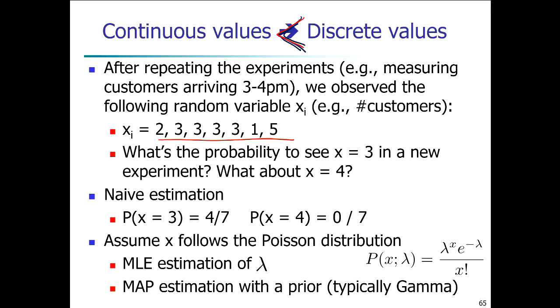We can try to answer the question: what's the probability to see x equal to 3 in a new experiment? Let's say you want to predict tomorrow, which hasn't happened yet. What's the probability that you will see 3 customers walking into the branch between 3 and 4? It almost sounds like a prediction problem, and there are more sophisticated models you can use, but let's think about a very simple way.